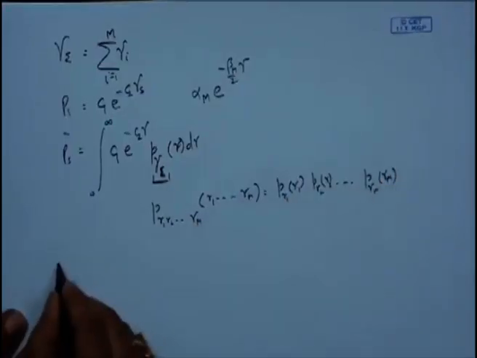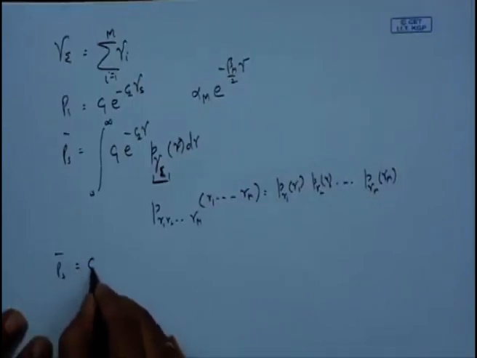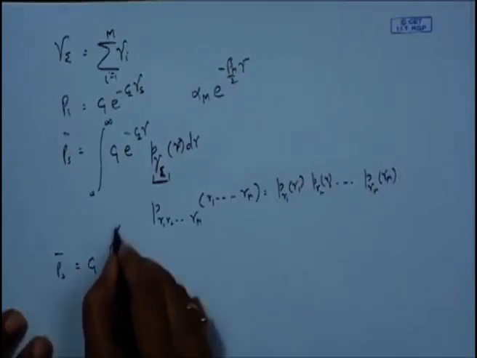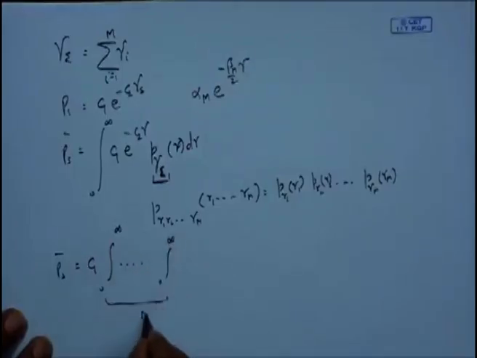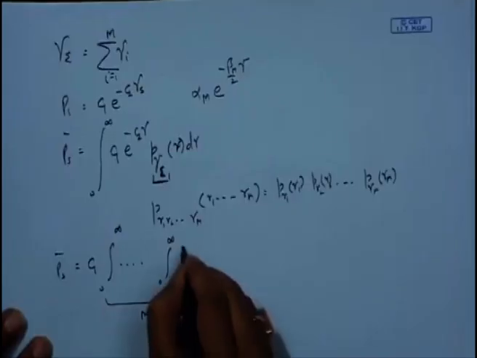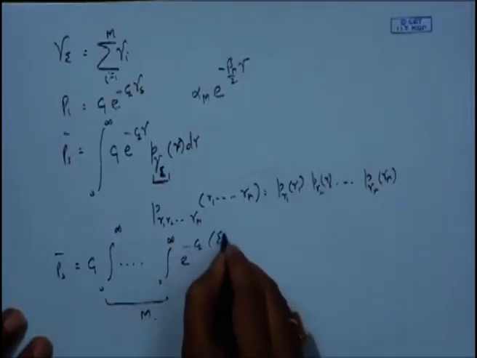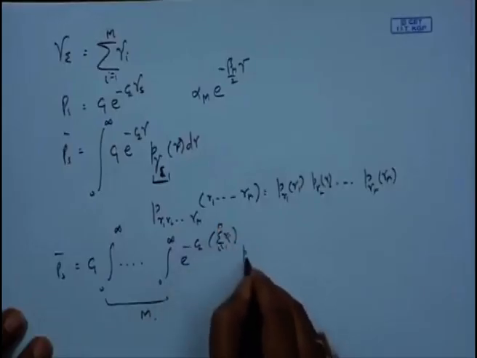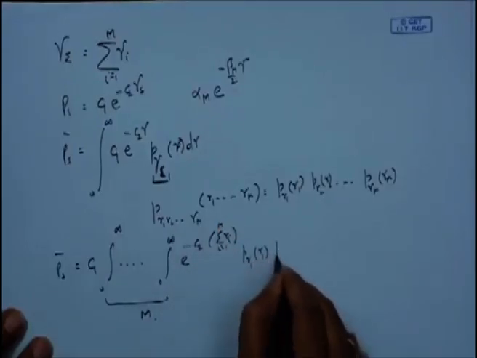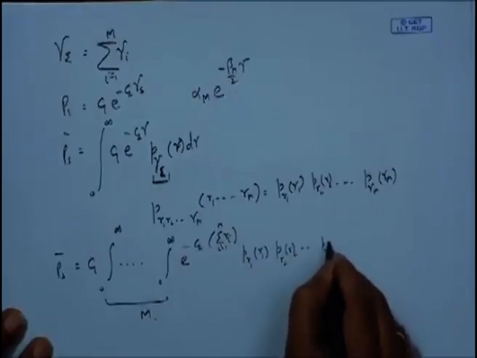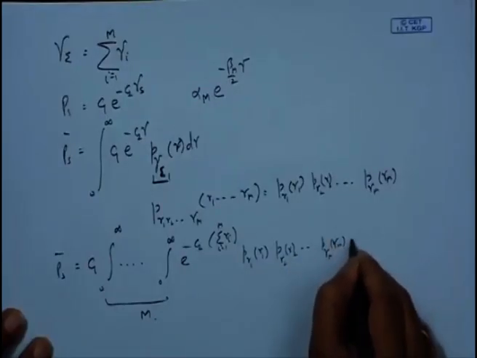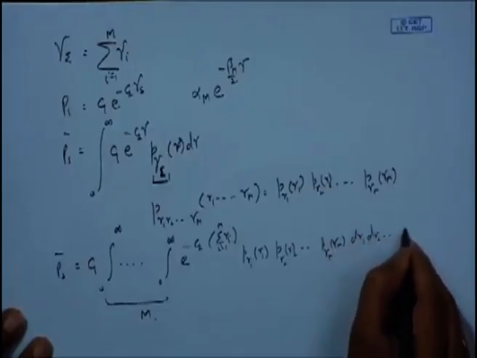So again, carrying on with the same thing, we're going to get C1 integral 0 to infinity, m number of them, e to the power of minus C2 sum over gamma i, i equals 1 to m, P gamma 1 times P gamma 2 up to P gamma m, d gamma 1 d gamma 2 up to d gamma m.